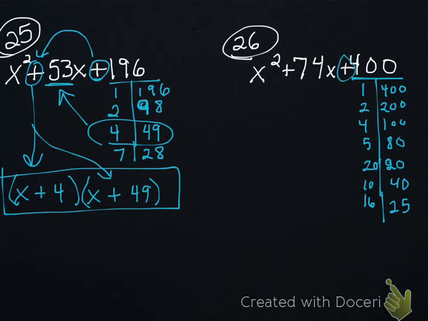The 400 is positive, so I need numbers that are going to add to give me 74. 5 and 80 are the closest, but those do not add or subtract to give me 74. In fact, none of the factors do. So this is not factorable. This is a problem we would have to use the quadratic formula for, which we will cover in another section.